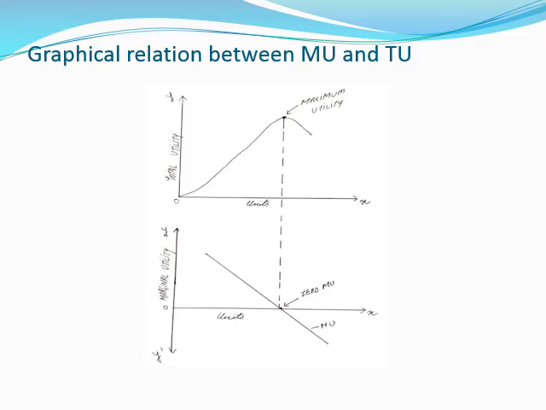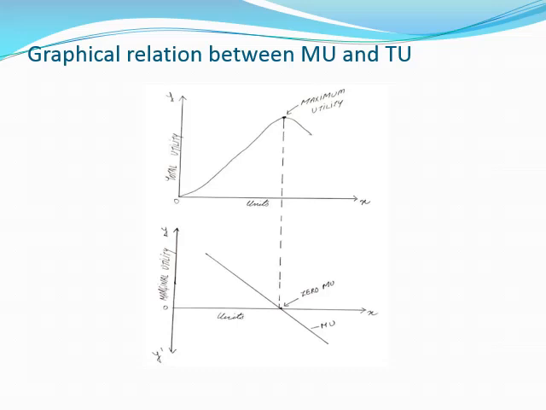These two graphs explain the relation between total utility and marginal utility. Here I would like to stress, as you see, total utility is at the maximum when marginal utility equals 0, and total utility starts to decline when the marginal utility becomes negative.